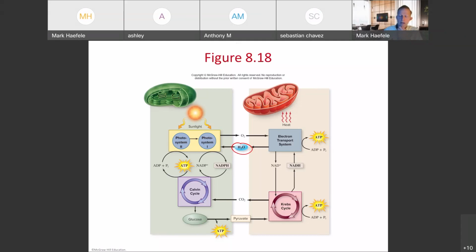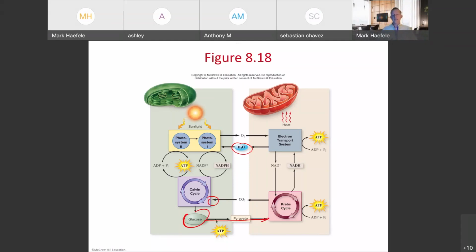So you can see our outputs, our trash is their treasure, and their trash is our treasure. So the two systems, photosynthesis and cellular respiration, really do fit together very nicely. They lace together very nicely. And then, of course, if we generate CO2 in the Calvin cycle, you need CO2 in order to be able to fix it to create glucose itself. And of course, we need glucose in order to generate our energy because we don't make our own energy.